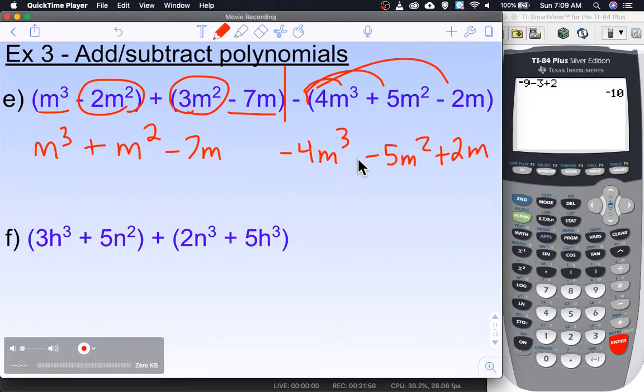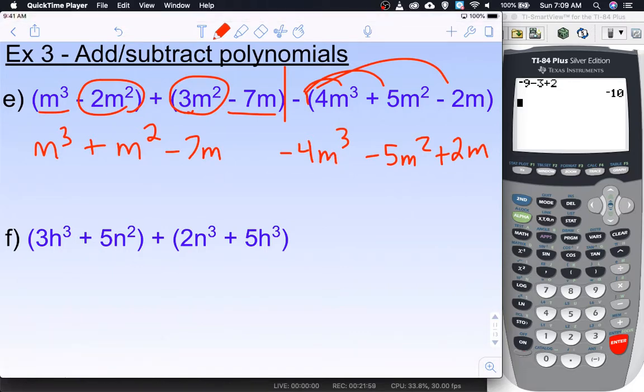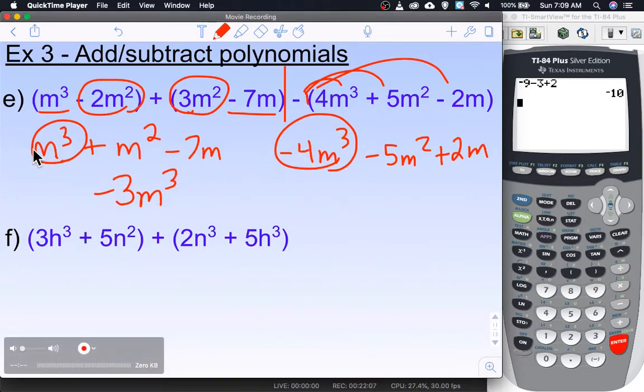And I can take all of this and just start combining like terms together. Things like m cubes. I've got an m cubed here and an m cubed here, giving me -3m cubed. That's -4 and +1.